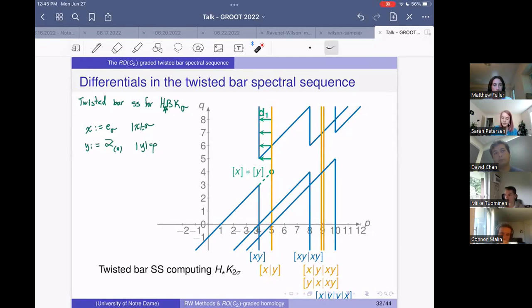So we can prove that there is a D1 differential as well as a hidden extension, which kills off this portion of this double cone and forms a new one in this representation degree. And this specifically detects this star product element.